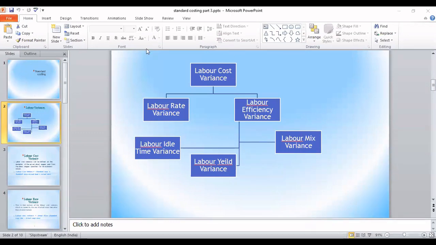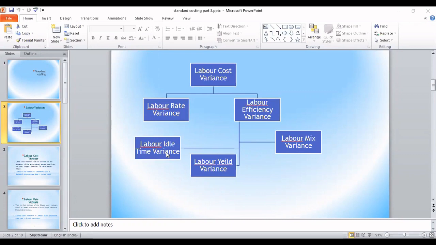We'll have five types of variances: labor rate variance, labor efficiency variance. Now, labor efficiency variance can be further analyzed as labor yield variance and labor mix variance. One more is labor idle time variance.